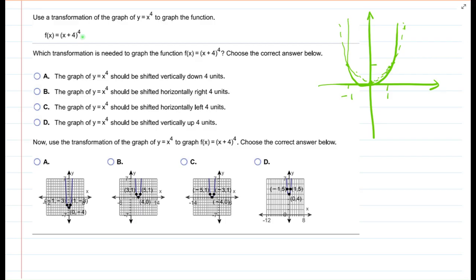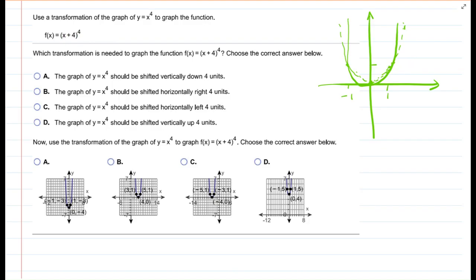Here we have exponent 4 of x plus 4. The 4 is inside the function of x to power 4. When it is inside next to x, it means that you need to transform the function to right or left, depends on this value.